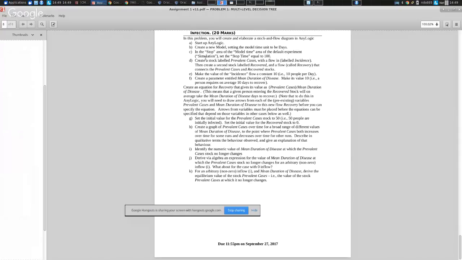For example, what is the value of a parameter at which the stock is no longer changing? The prevalent cases stock no longer changes. Prevalent cases has a flow into it and then a flow out of it to recovery. What's that value of a parameter for the duration of disease where prevalent cases is constant?